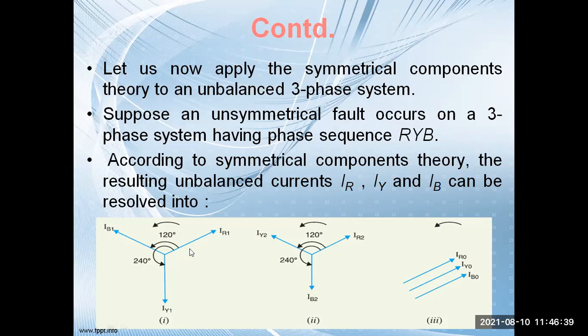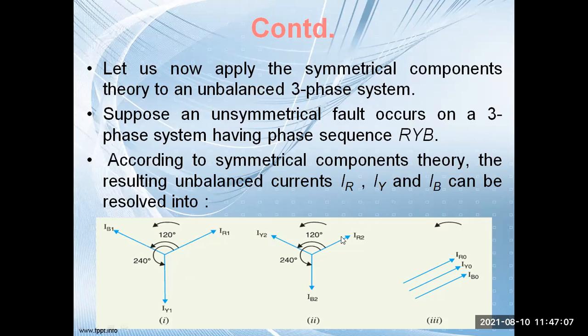Here it is IR1. Next we have IY1, which has a 120-degree phase shift, and then IB1. In the positive sequence, you need to understand that the phasors always rotate in the positive direction. So it is R to Y, then Y to B, and B to R. The phasor rotation is in the clockwise direction.